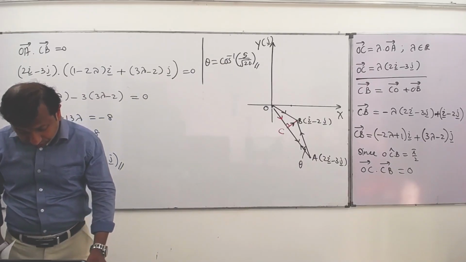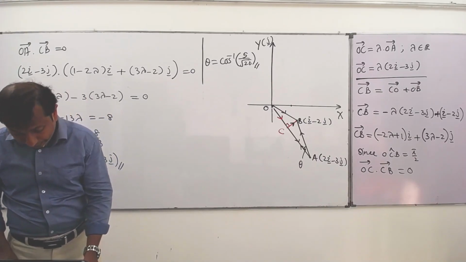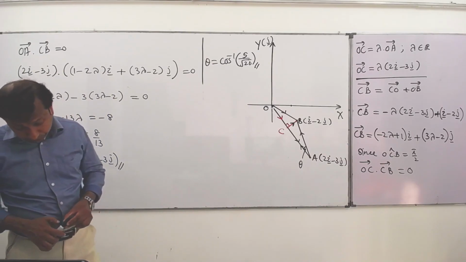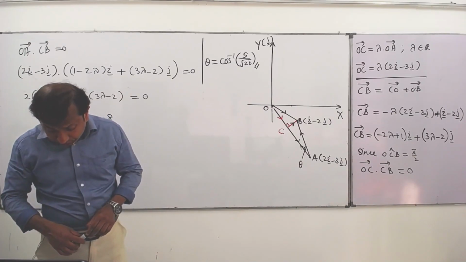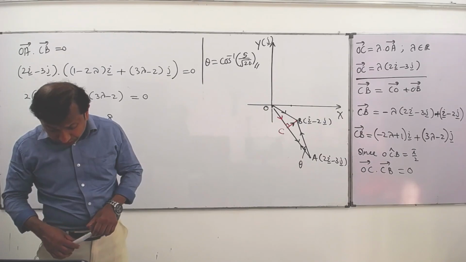Question number 9, the next. A uniform rod AB of length 8a and weight W has its end A smoothly hinged to a fixed point.